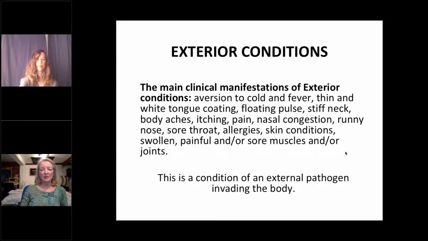Floating pulse, you're gonna get all the pulse and tongue on those great webinars when you watch them. Stiff neck, body aches, itching, skin itching is wind. Pains, lots of sneezing is wind. But it's external. All this is external. Nasal congestion, runny nose, sore throat, allergies, everything I talked about.